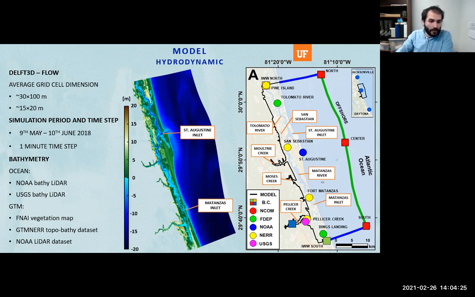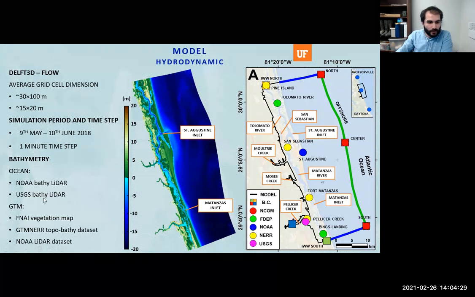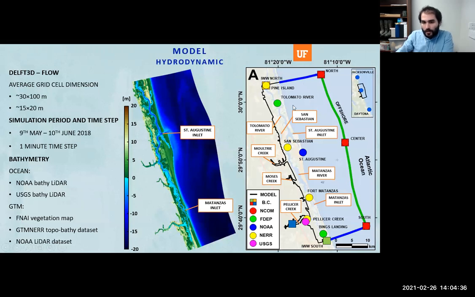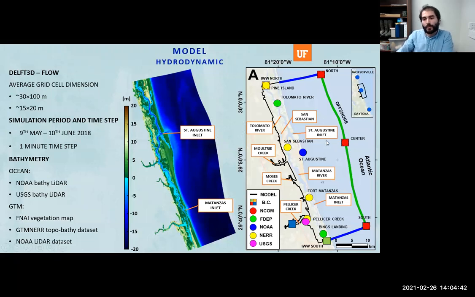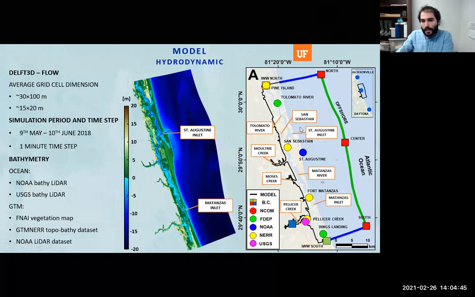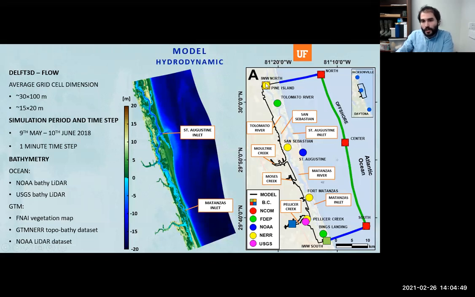And the bathymetry comes from different sources, and these are the sources for the ocean and for the estuary. So here in this figure, you can see all the stations where we took the hydrodynamic, the water quality, and the weather data we used as boundary conditions for our domain. The stations are the dots, basically, and the squares and also these lines here are the places where we put our boundary conditions.